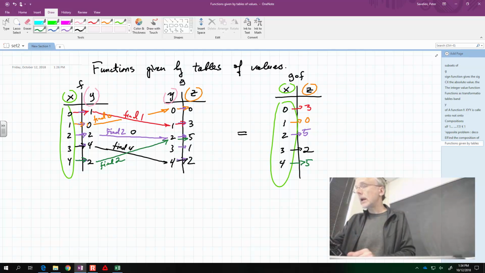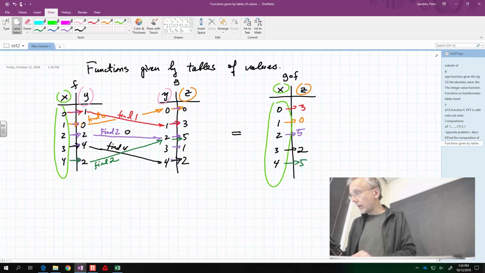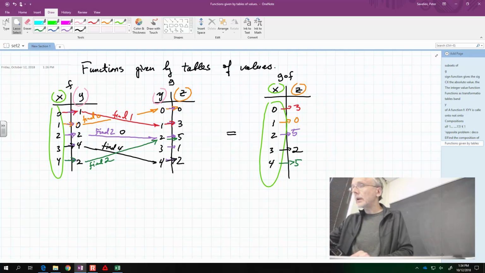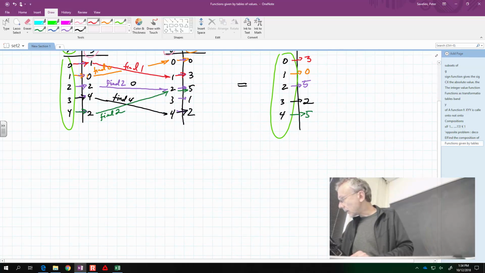In fact, I think we may have done this before. I can't exactly remember, but just to contrast this, this is how you compute the composition. This is how you compute the other operations, which we may have done before.